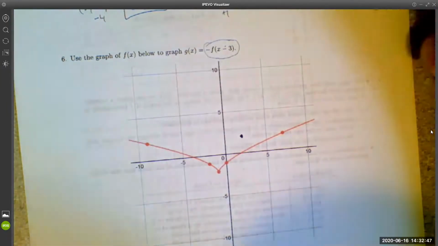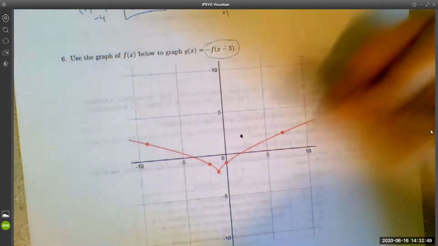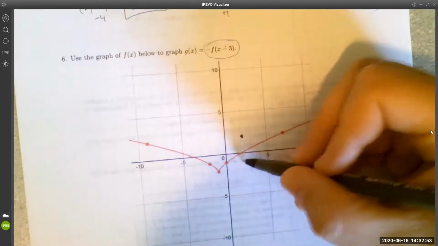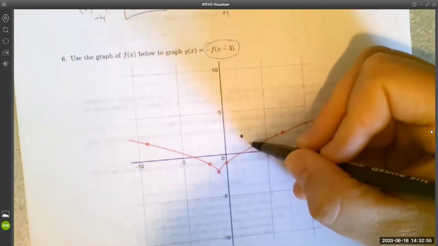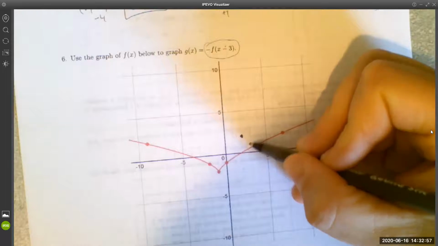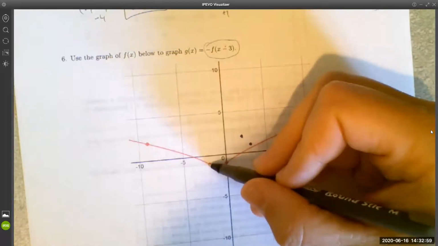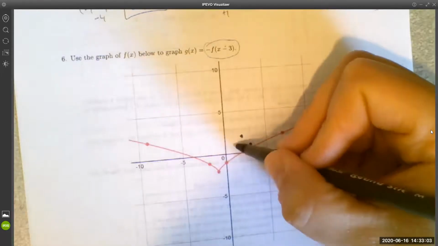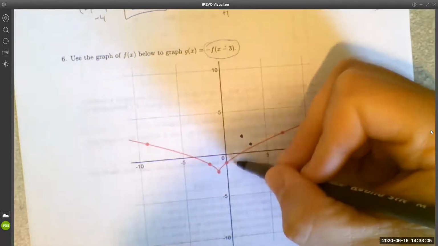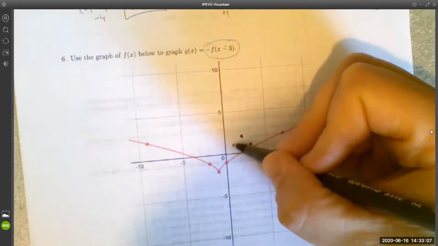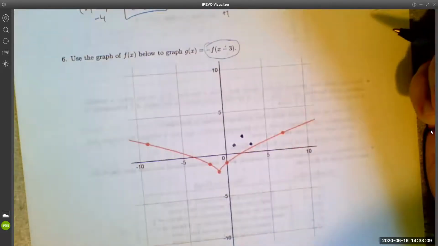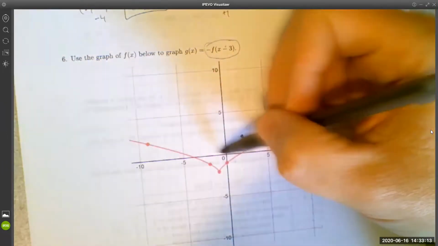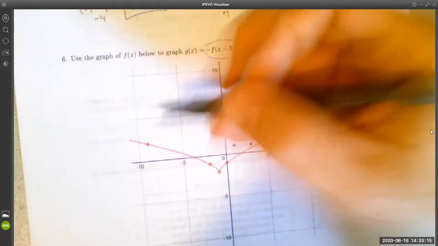I can do the same thing with all the other points. So 0, -1 should end up at 1, 2, 3, +1. -2, -1 should end up at -1, 0, 1, so 1, 1. This point out here is -9, 2.